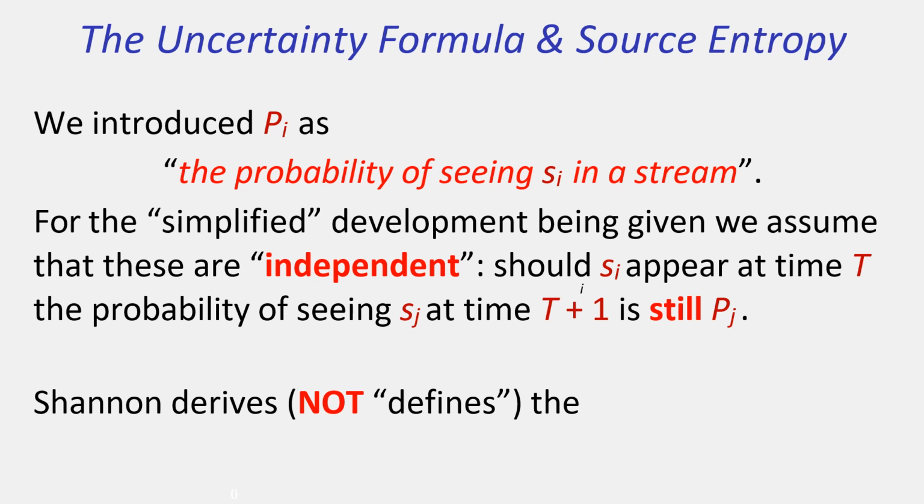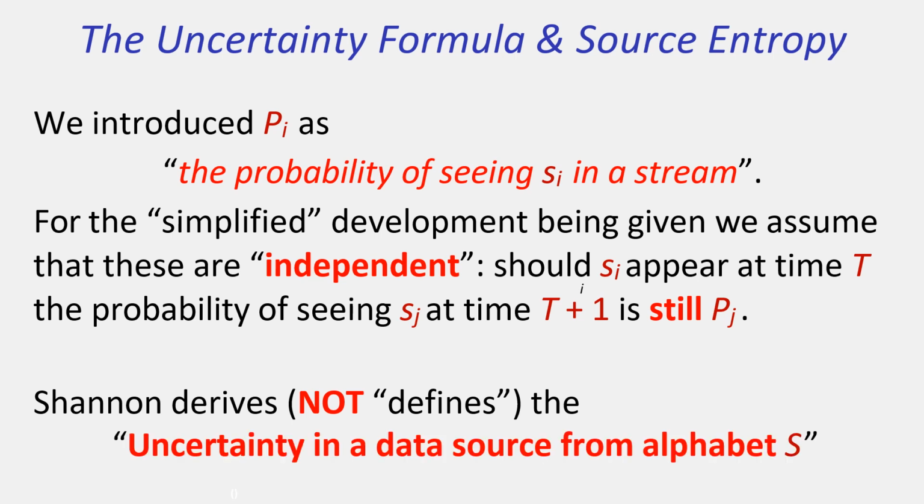Now Shannon has a result of major importance. He derives, I stress derives, this is not a definition, what is called the uncertainty in a data source arising from a particular alphabet. What is that? This is the uncertainty formula. So that defines the uncertainty in an alphabet with a particular probability distribution. What does one do?